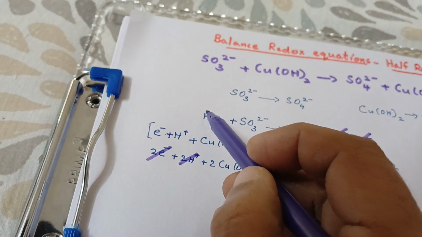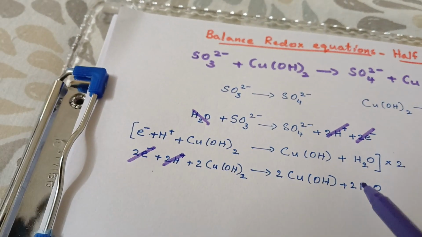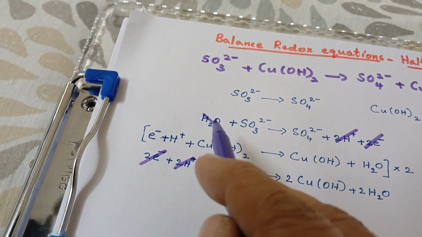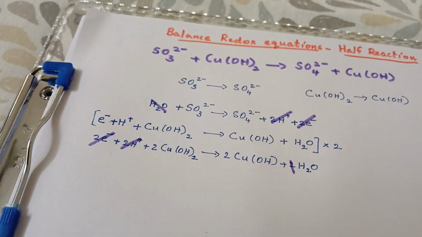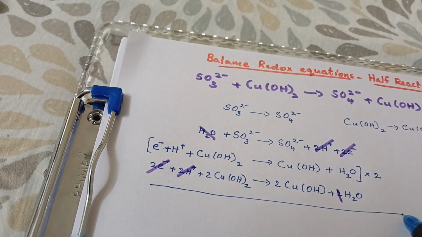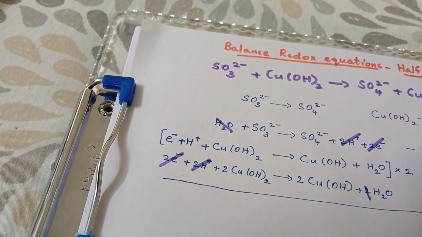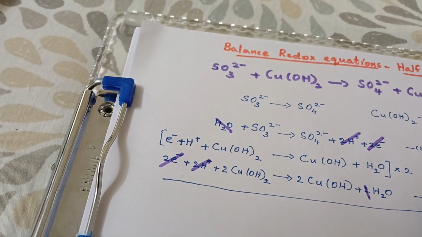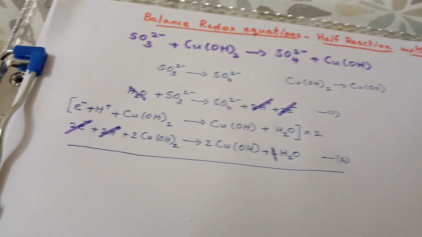Yes, we have one water molecule on the left hand side and 2 on the right hand side. So 2H2O minus H2O should give us H2O. Now we can combine the two reactions. Say this is 1 and this is 2. We can add 1 and 2 or combine 1 and 2.